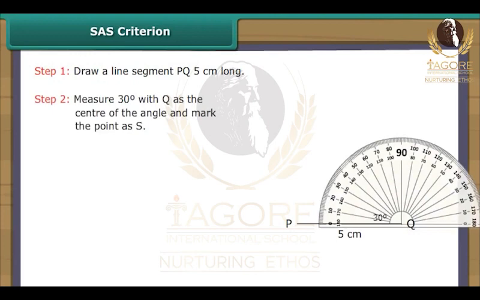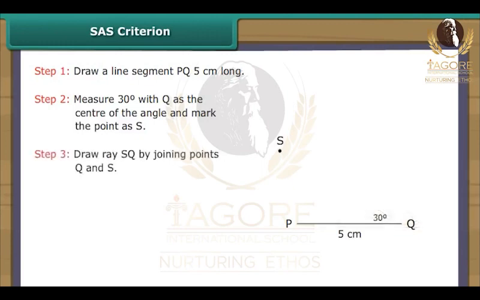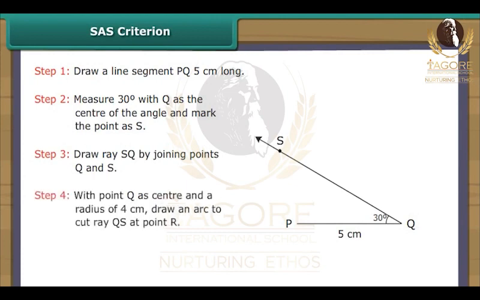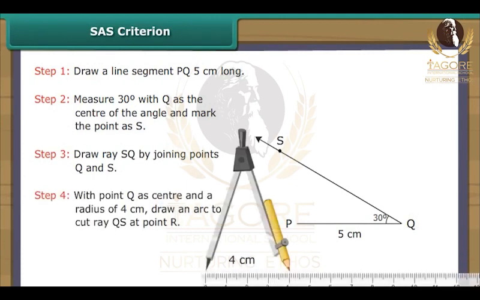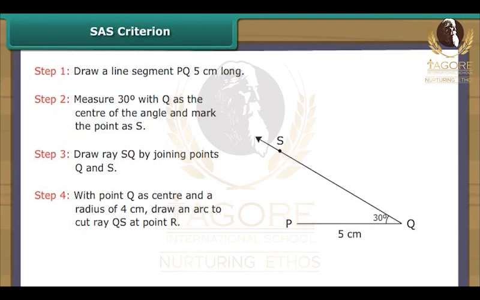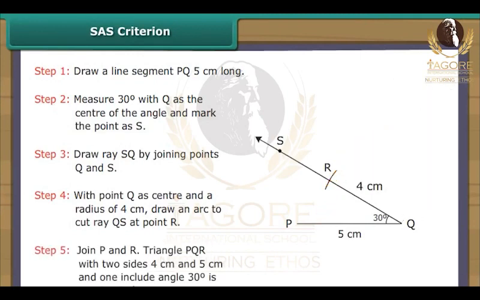Measure 30 degrees with Q as the center of the angle and mark the point as S. Draw ray SQ by joining points Q and S. With point Q as center and a radius of 4 cm, draw an arc to cut ray QS at point R. Join P and R. Triangle PQR with two sides 4 cm and 5 cm and one included angle 30 degrees is constructed.